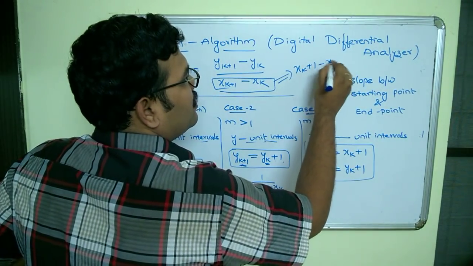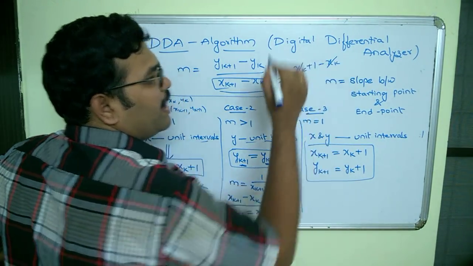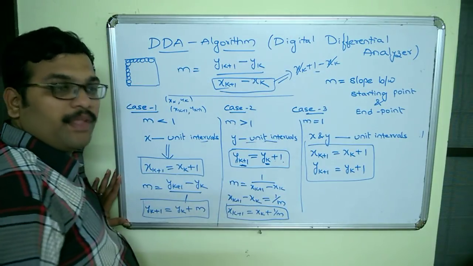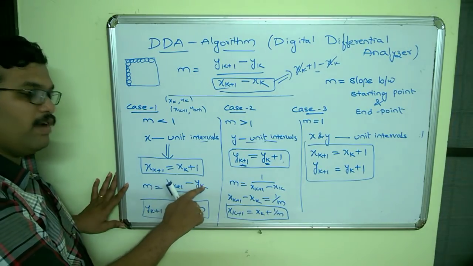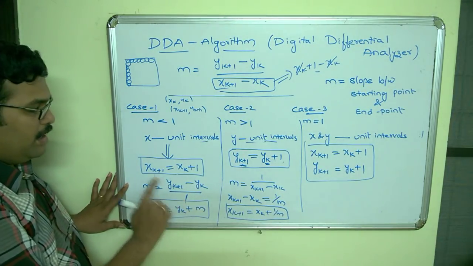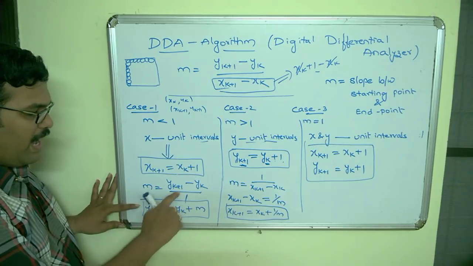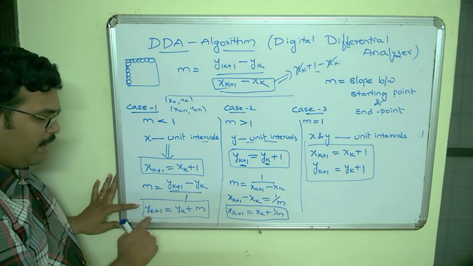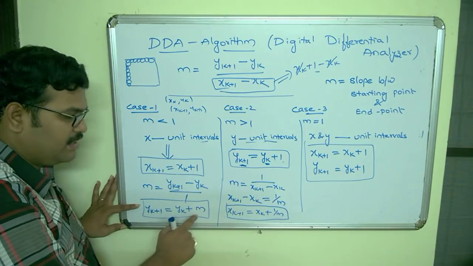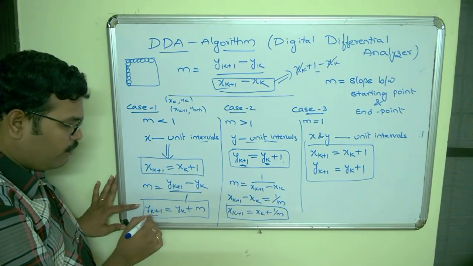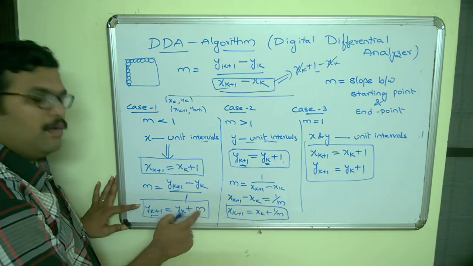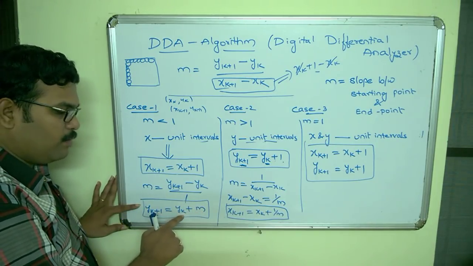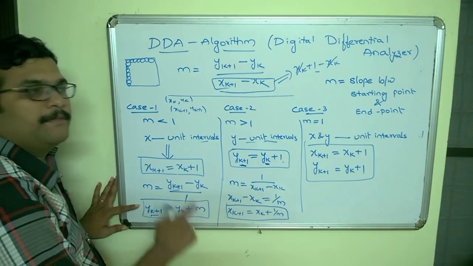So xk will get cancelled, so 1. So from that we will get m is equal to yk plus 1 minus yk by 1. From this equation we can have the next coordinate yk plus 1 is equal to yk plus m. So our next y coordinate will move with the difference of slope. So next y coordinate will be present y coordinate plus the slope.